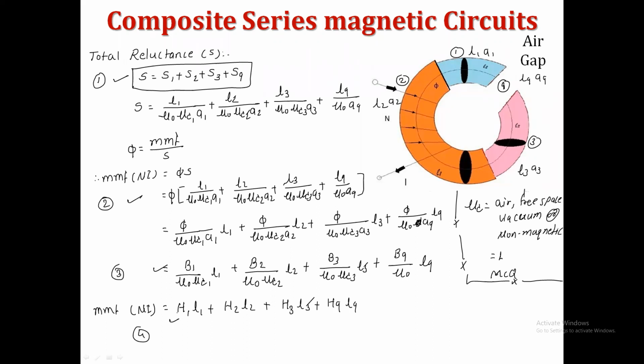And if I know the field strength of each component, then I use the fourth equation to calculate the total MMF and I. So this is the combination of all these four different equations in one derivation. Is it clear? Yes, sir.